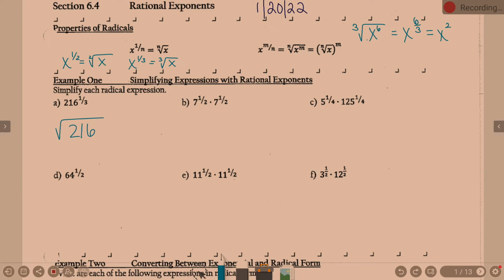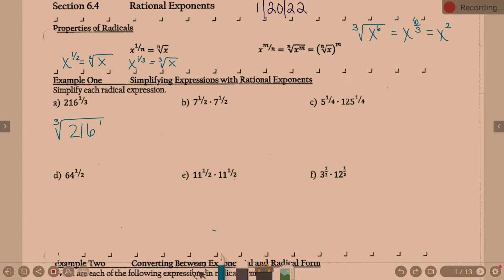The question is, in the fraction, where do the 1 and the 3 go? The denominator of 3 is my root. Now, when the numerator is 1, technically, it's a power. Do I have to write a power of 1, though? I don't.